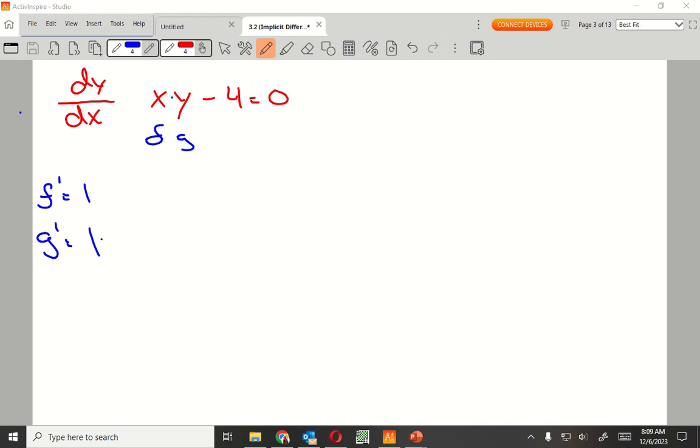times, because I am not taking this function itself, it is a dy/dx, right? So I need to say what I did, because this one wasn't a y. So it's going to be a dy/dx.